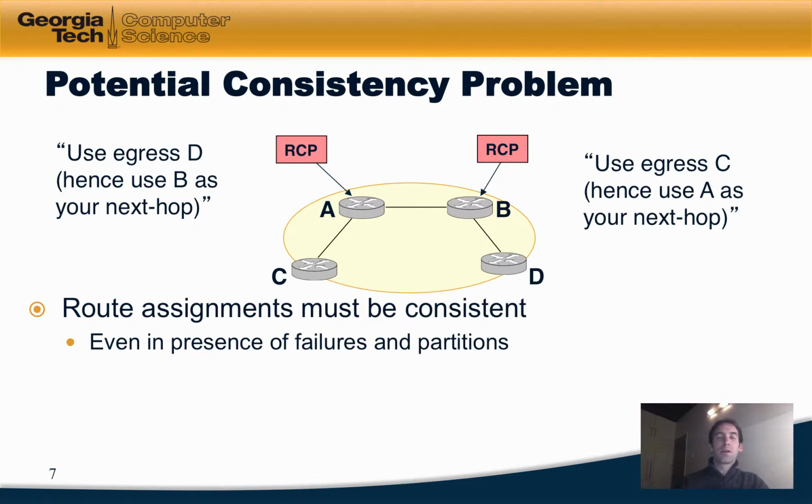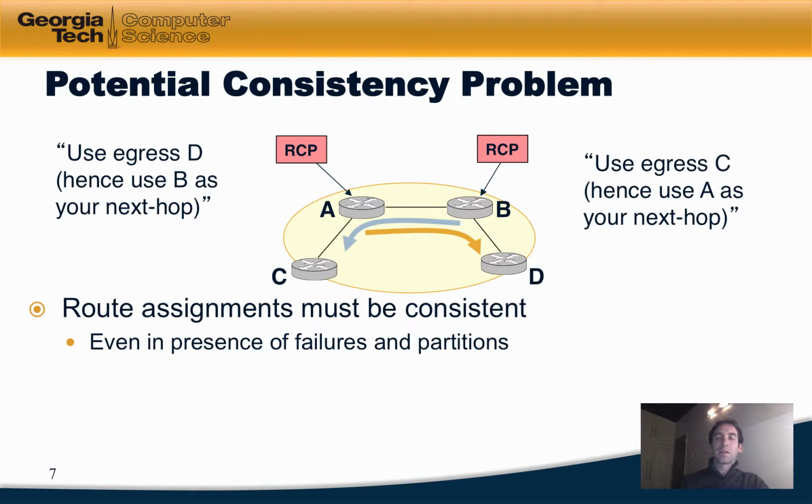So the RCP on the left might compute an egress route for router A that says use egress router D to reach a particular destination, and hence use router B as the next hop to reach the egress router D. Now similarly, the second RCP, the RCP on the right, might install conflicting state into router B that says use egress router C to reach that destination and use A as the next hop to reach the egress router C.